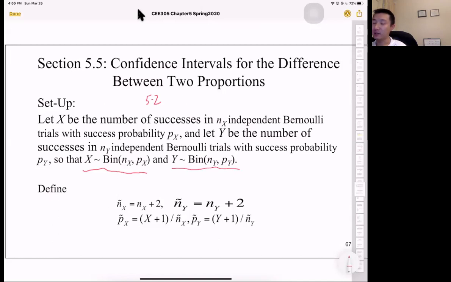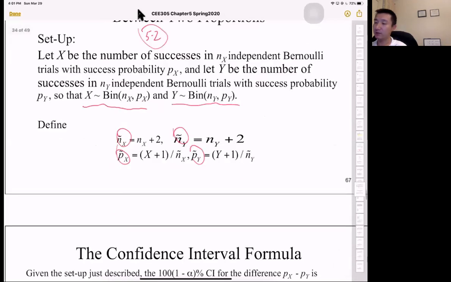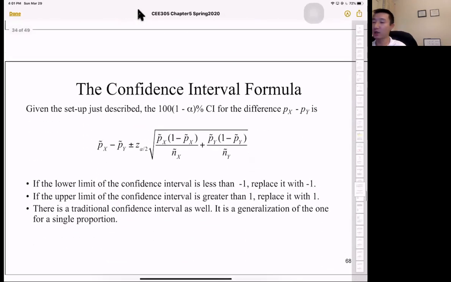And this is the modified n and modified p. This is pretty much the same as we discussed in section 5.2, just making the result more accurate.